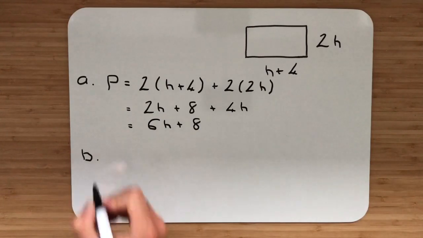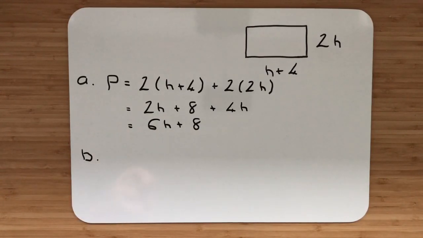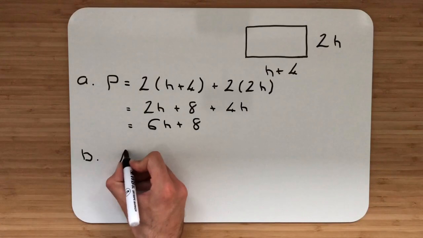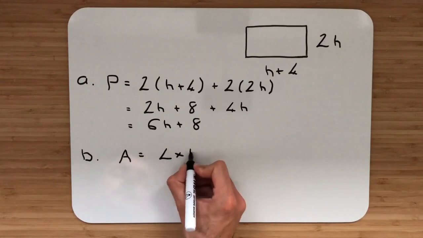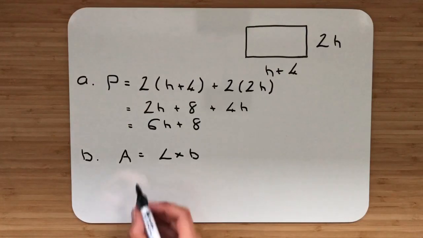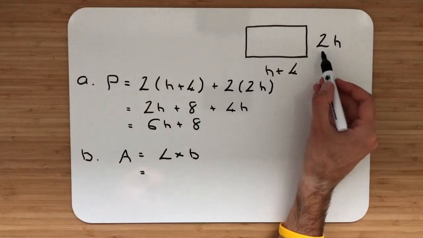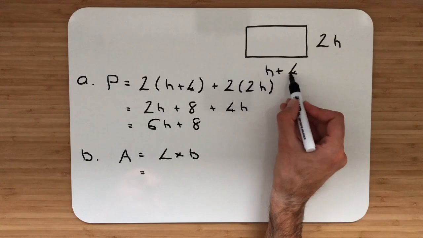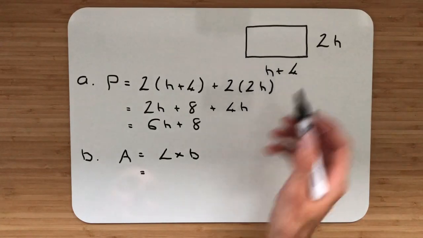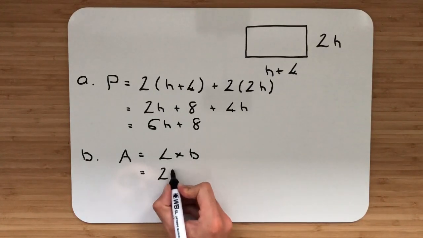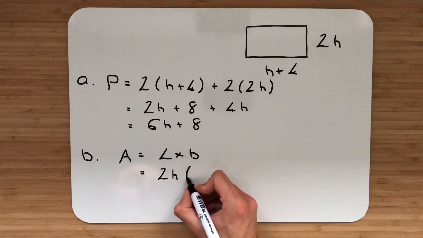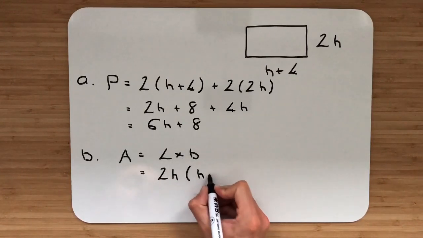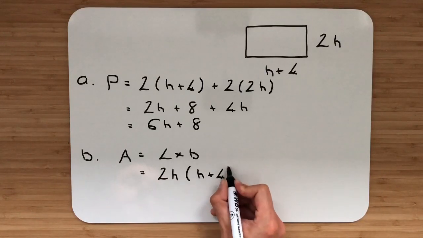Part B, we're looking for a simplified expression for the area. So for the area, we know our formula is length multiplied by breadth for a rectangle. Now, we want to take 2h and multiply it by h add 4. So what I'm going to do here, I've got my 2h. Now rather than putting this multiplication symbol, I'm going to introduce my bracket and then I have h add 4.